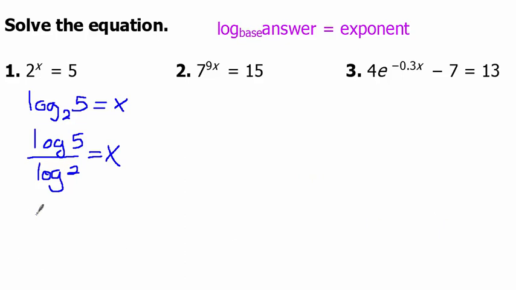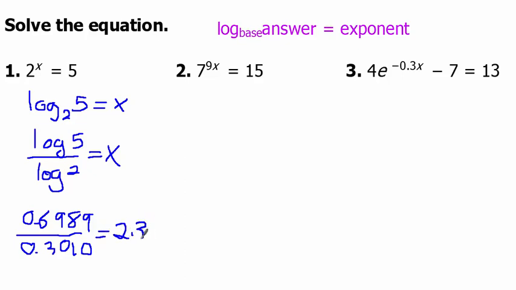So when we number crunch those two things in a calculator, we're going to get 0.6989. These are kind of like trig. Take quite a few decimals because they're kind of ugly things. And if you take a bunch of extra decimals, then when you do the division, you should not be having rounding error. So we have 2.3 as the final answer.